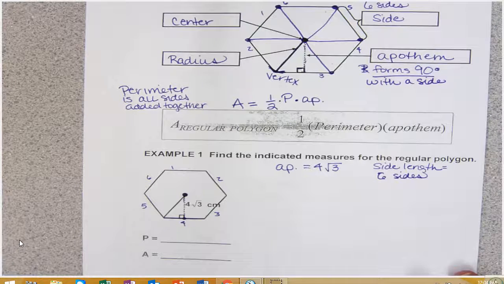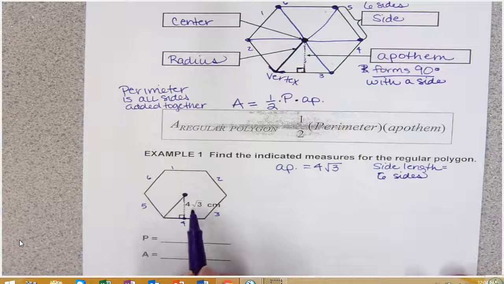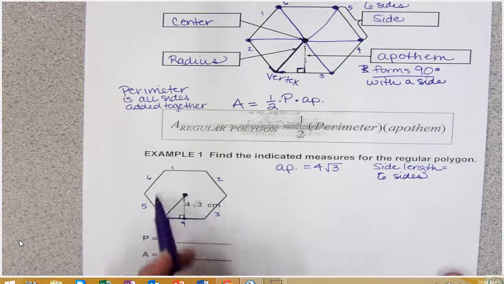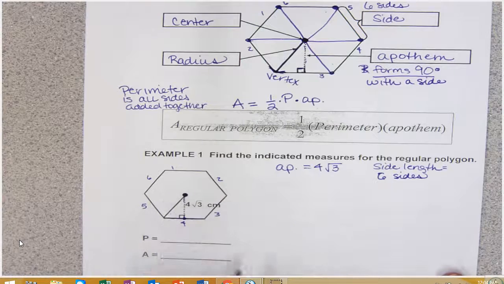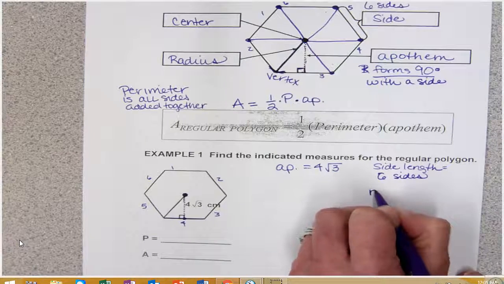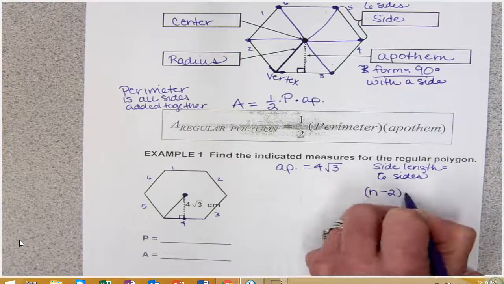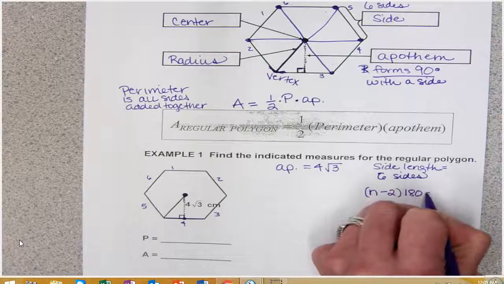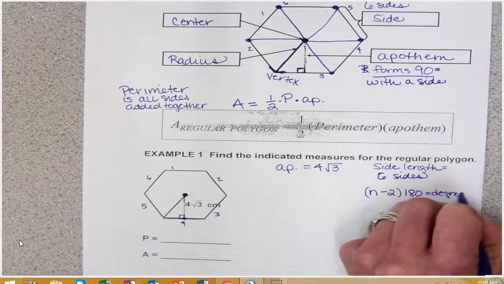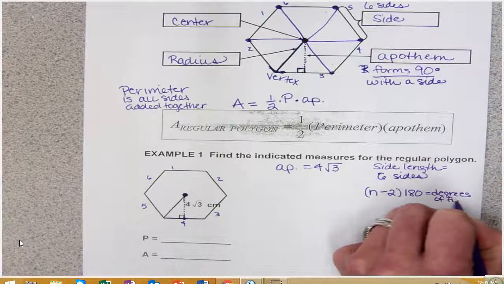Well, I automatically am going to see this and think 30, 60, 90, but I don't know anything about the angles. But can I find out how many degrees are in this hexagon? Well, I remember that there is a formula, n minus 2 times 180, and that will give me the degrees of the figure.